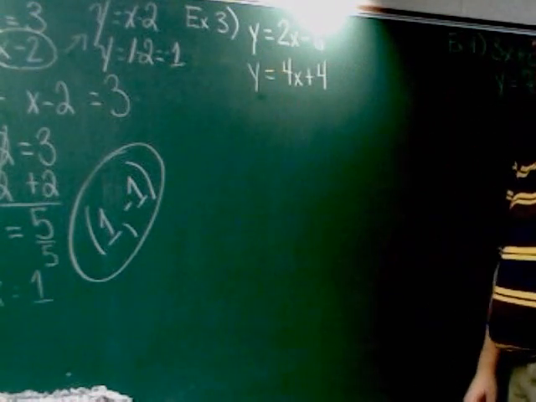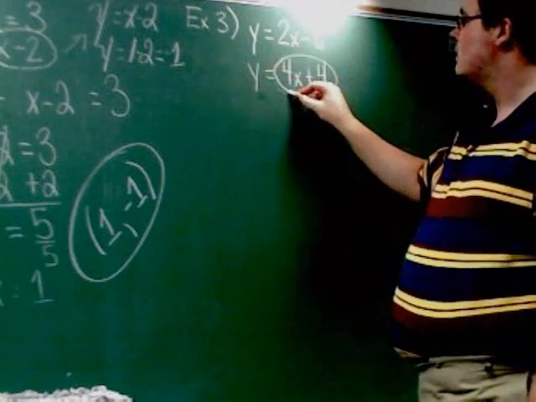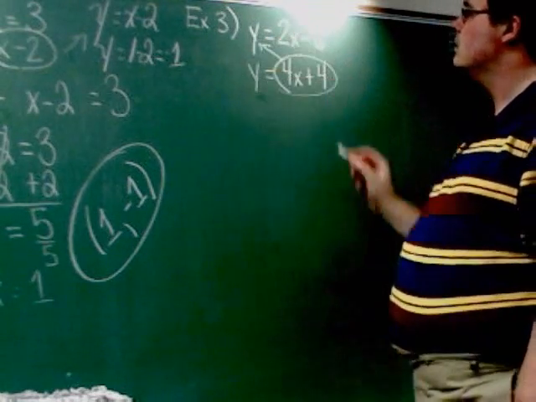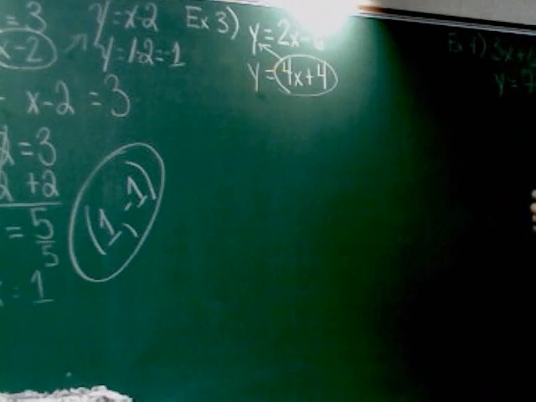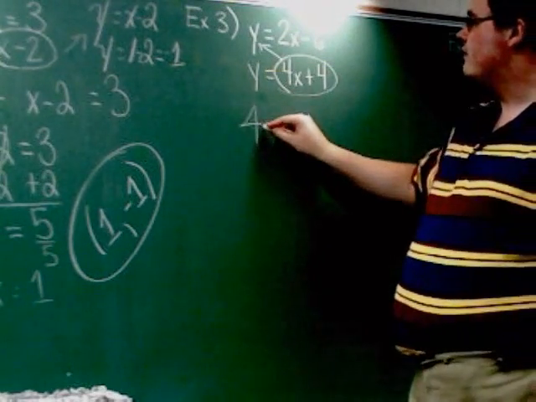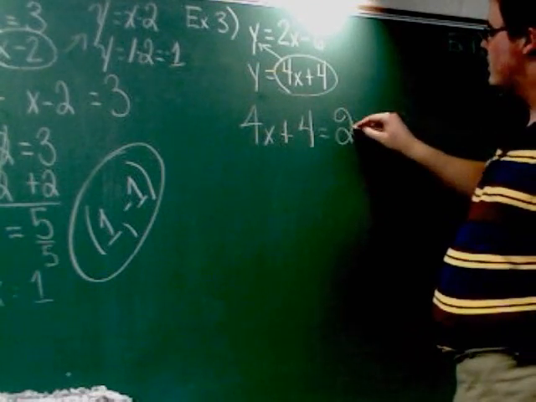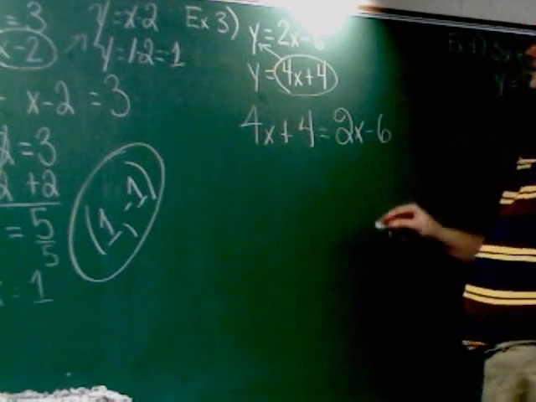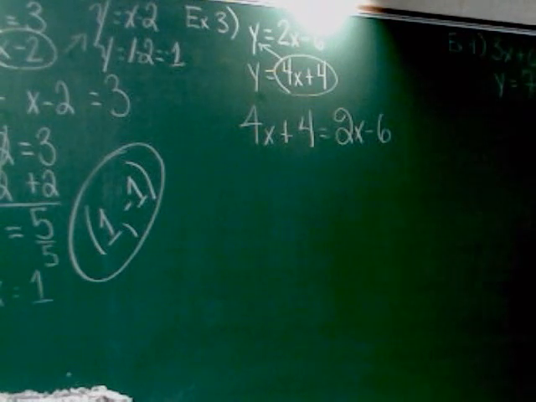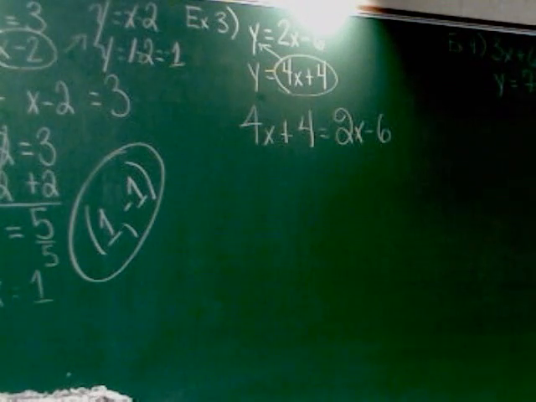So let's just go ahead and say I'm going to take this, plug it in right there. So I've got 4x plus 4 equals 2x minus 6. Let's start and shuffle things to the left side.